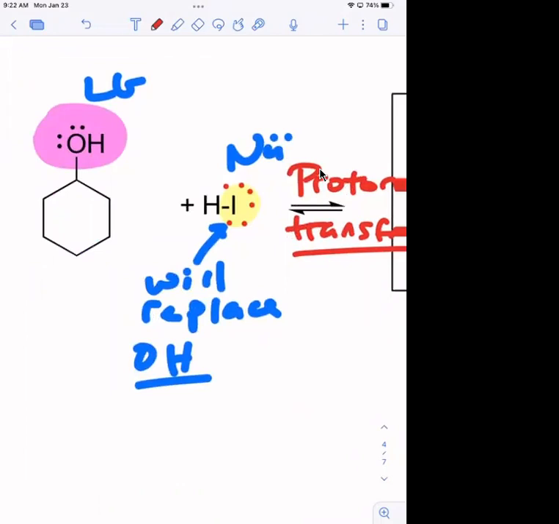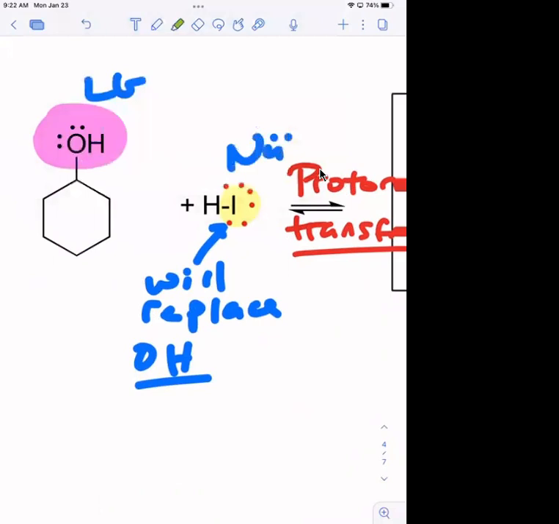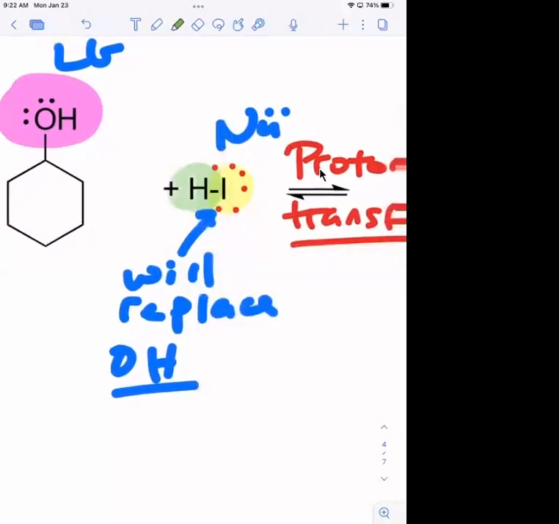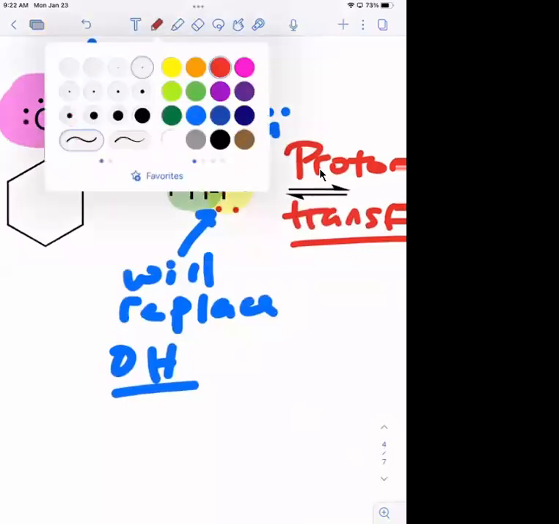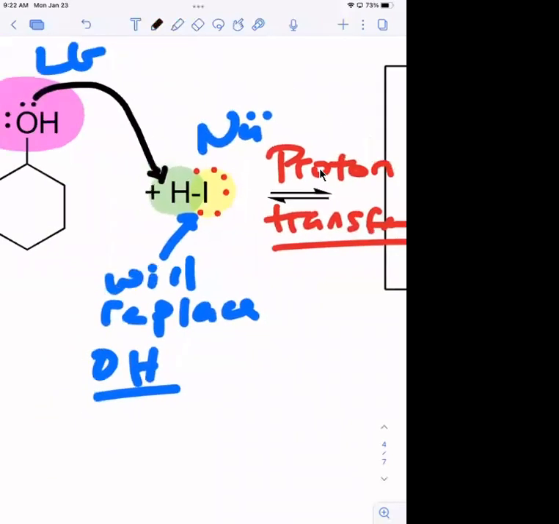So for proton transfer, it's this hydrogen right here that I'm after. I'm going to take an arrow going from a pair of electrons on OH to that proton, and I'm going to break the HI bond and give the electrons to iodine.